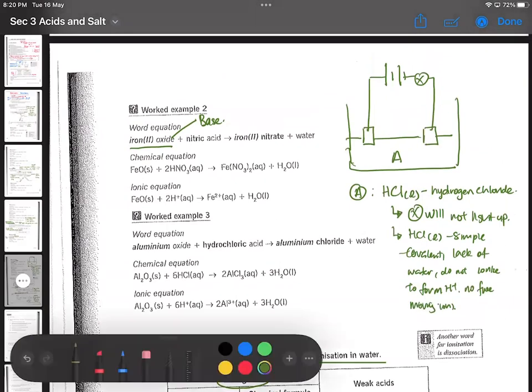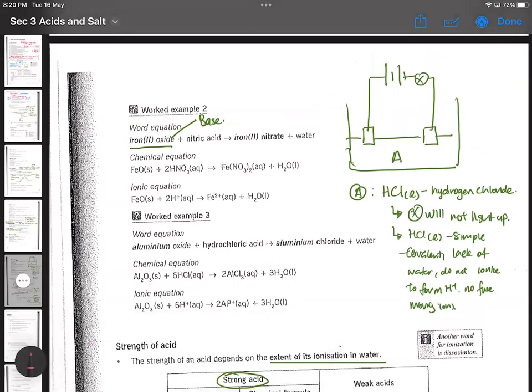Now, what if it is something else? What if A is actually HCl, and now I let it dissolve in oil, ethanol, maybe paint, any of this stuff.